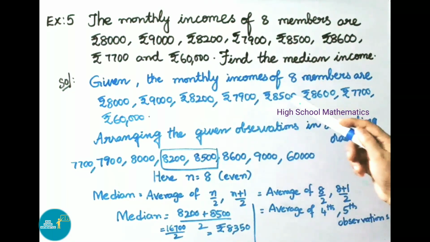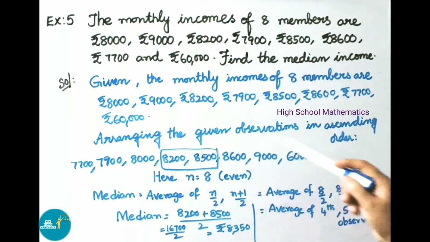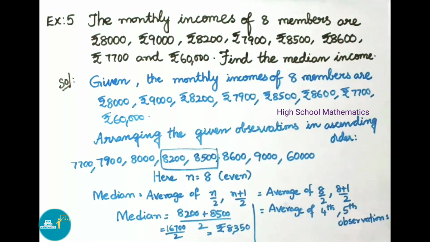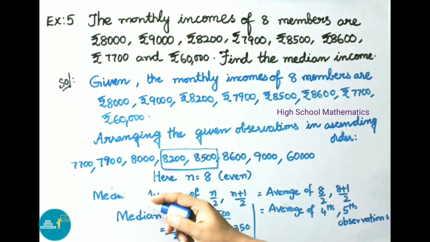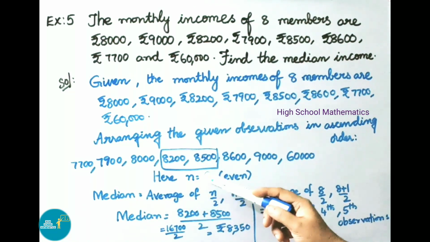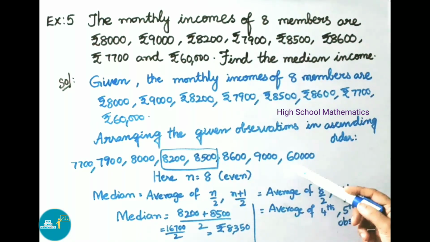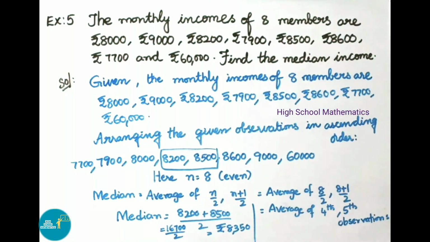Given the monthly incomes of 8 members, we have written the given incomes, arranging the given observations in ascending order. Now the ascending order of incomes is 7,700, 7,900, 8,000, 8,200, 8,500, 8,600, 9,000 and 60,000.